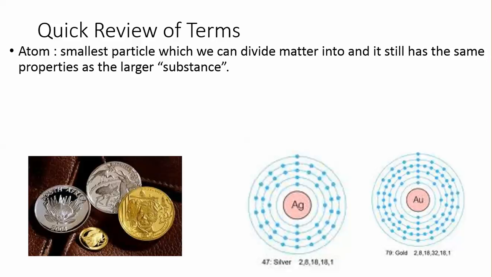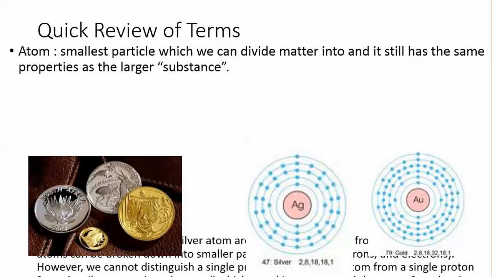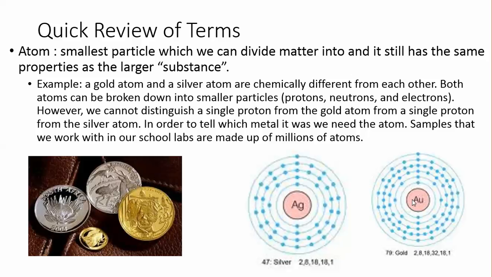An atom is the smallest particle we can divide matter into and still have the same properties of the largest substance. If we look at silver and gold, we can divide silver and gold down to these atoms. Both atoms have protons, neutrons, and electrons in them. But it's that atomic structure that matters.